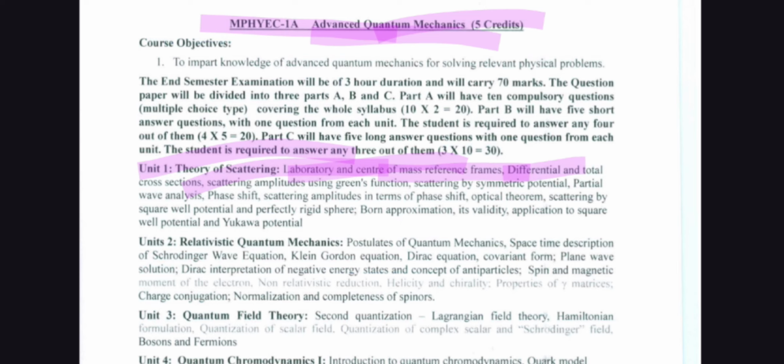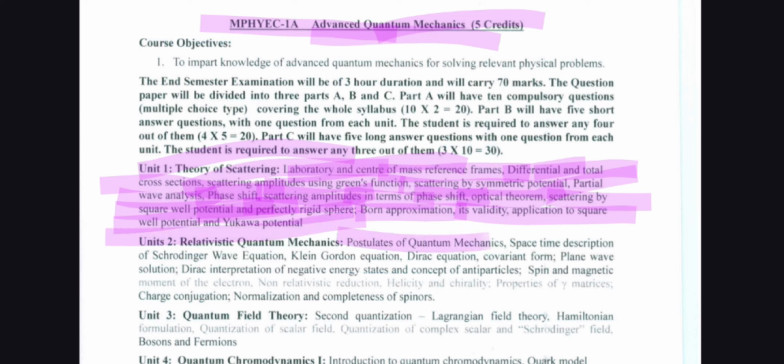So unit first you see this: laboratory and center of mass reference frame, differential and total cross section, scattering amplitude using Green function, scattering by symmetric potential, partial wave analysis, phase shift, scattering amplitude in terms of phase shift, optical theorem, scattering by square well potential and perfectly rigid sphere, Born approximation and its applicability, applications to square well potential and Yukawa potential.